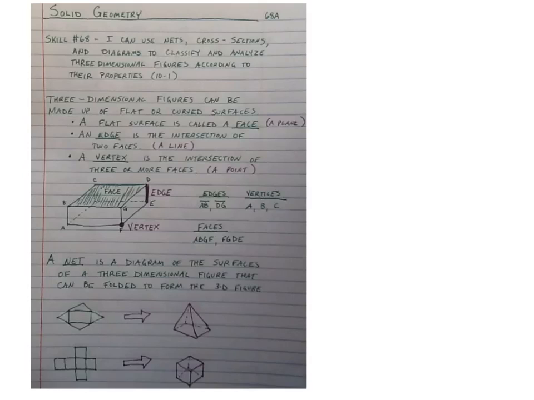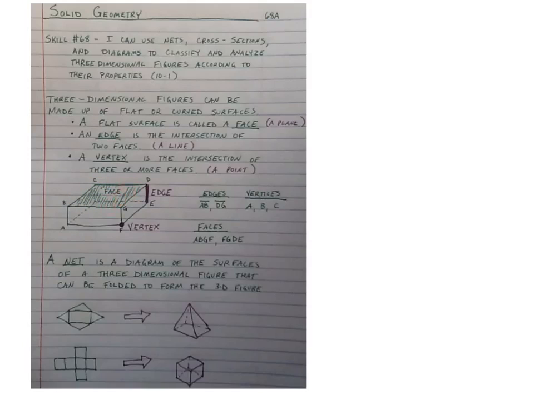The edge is the intersection of two faces, and in this diagram we can see an edge here, another edge right here, another edge here. So there are several edges on this diagram. We also have several faces.